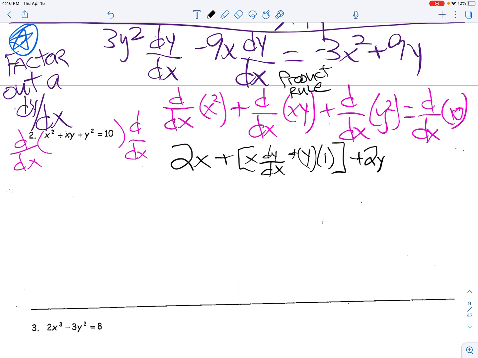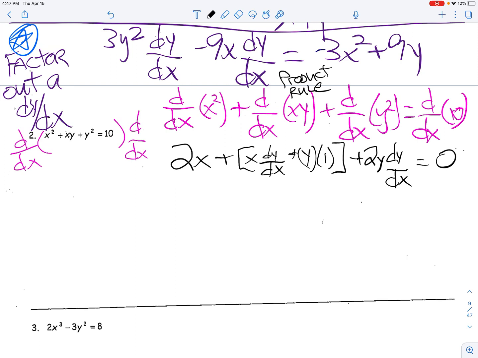Plus the derivative of y squared is 2y times the derivative of the inside function, eh? Right, don't forget, dy dx. It's going to equal the derivative of 10, which is 0. So, listen, right?